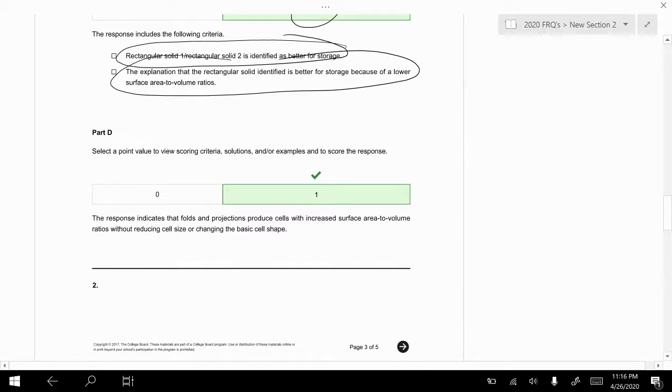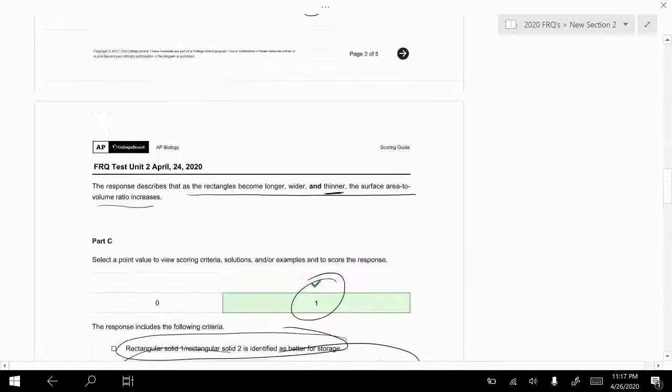All right, the response indicates that folded projections produce cells with increased surface area to volume ratios without reducing the cell size. So like I did not say ratio, but did it ask that? So I said surface area without reducing the cell size or changing the shape. So this one, let's look back at this question.